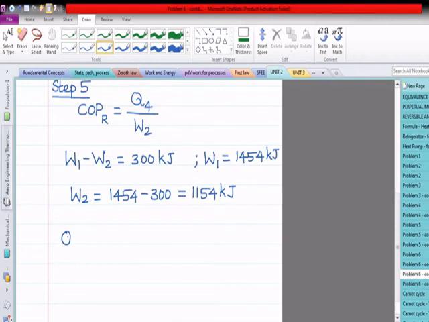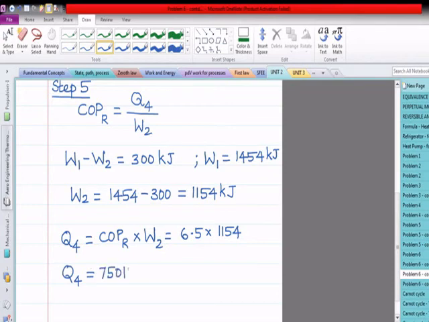Therefore Q4 is equal to COP of refrigerator multiplied by W2. COP is 6.5 multiplied by 1154. The value of Q4 is equal to 7501 kilojoule.